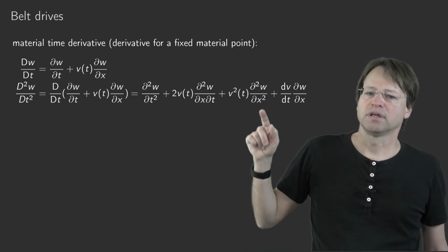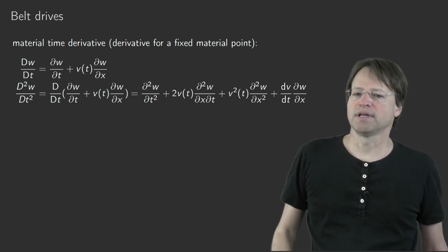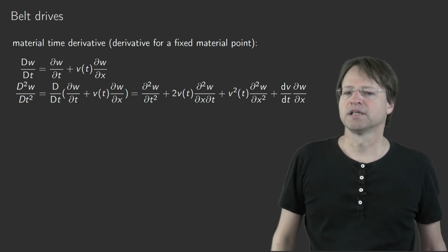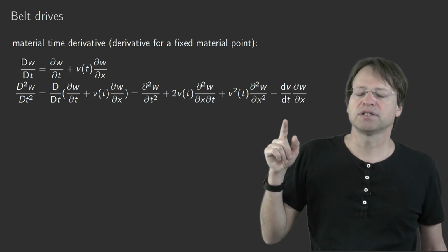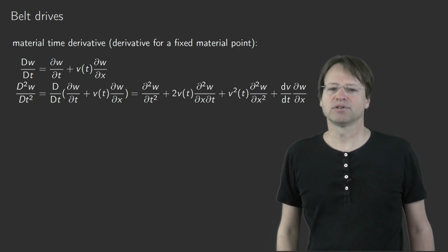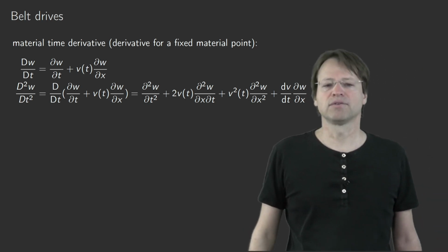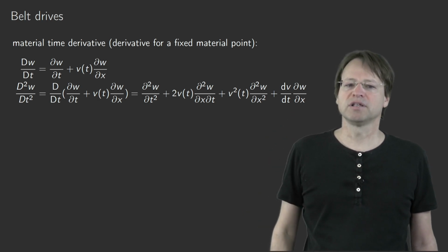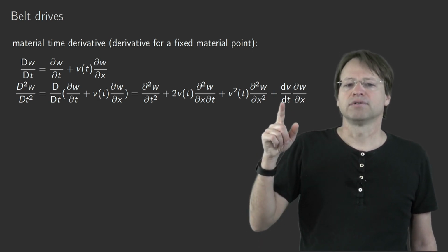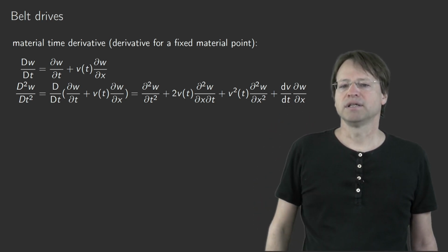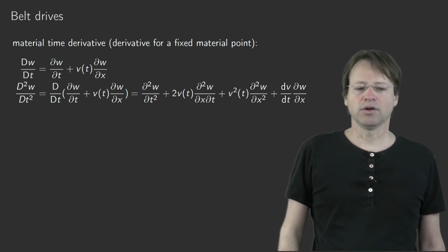Then we have the term v squared and the second derivative of v, partial derivative with respect to x. And then, as v can be time dependent, something we will not consider anymore in these videos, we will always assume a constant belt velocity. But if the belt velocity is non-constant, you would have this term here: the derivative of the velocity of the belt with respect to time times dv by dx. Okay.